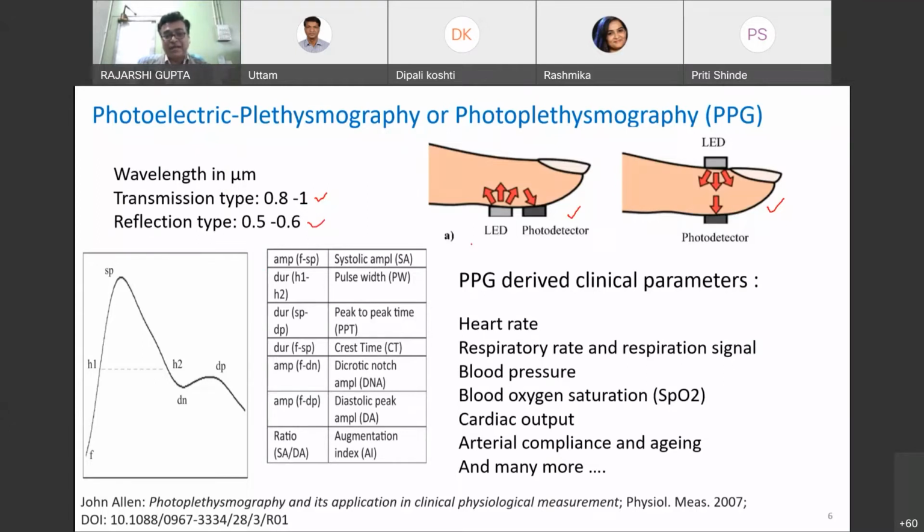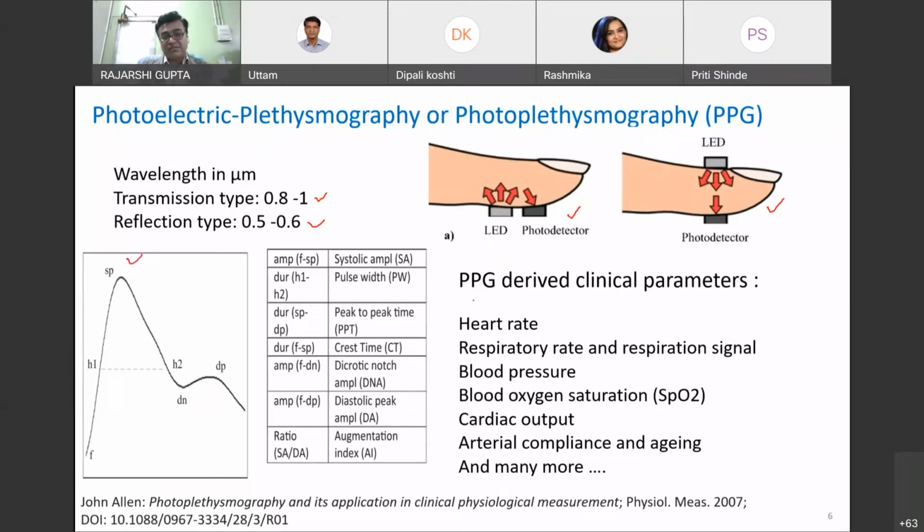that is used. The basic principle is that whenever our heart pumps blood to our peripheral body parts, like our forehead, our toes, our fingertips, any peripheral part of the body, synchronous to the heart pumping action, with a certain delay, there is an increase and decrease of blood volume. And this increase and decrease of blood volume is manifested by this curve.